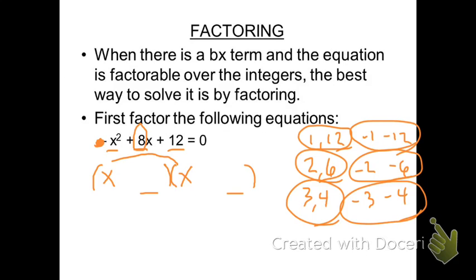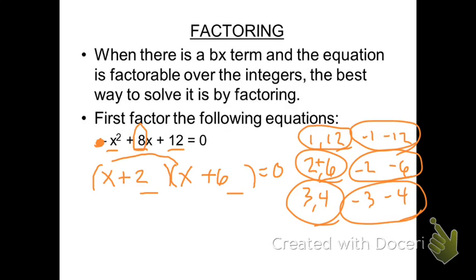So pick which one adds up to 8. Hopefully after looking for not that long, you see that it's this one right here, because 2 plus 6 is 8. So now we know that this number will be a plus 2, this number will be a plus 6, and we just factored x squared plus 8x plus 12, and that will equal 0.